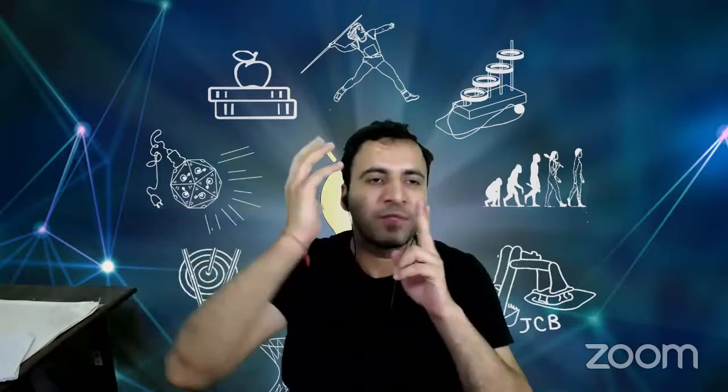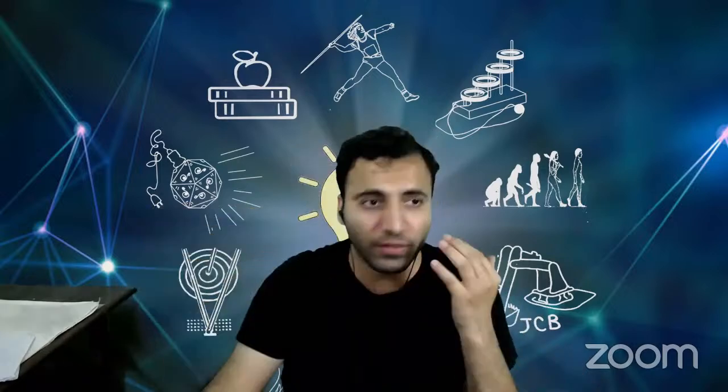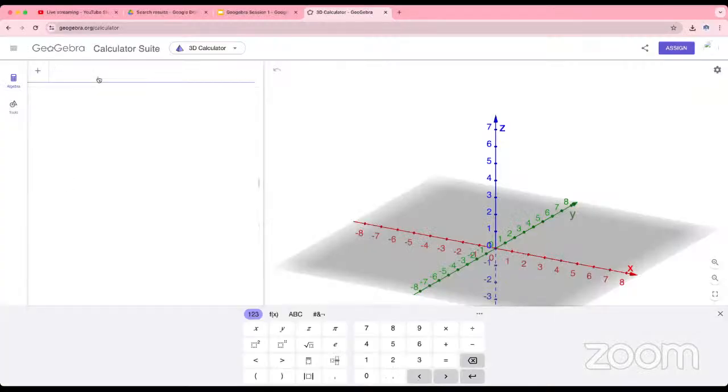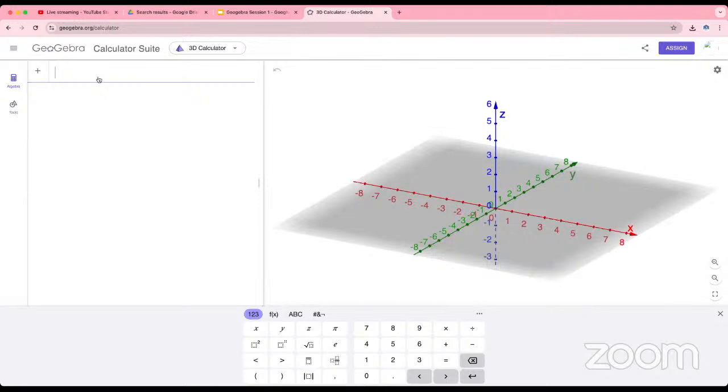How do you look at it in GeoGebra? Curve is for a one-parametric system. There is a command named Surface for a two-parametric system. So all surfaces are two-parametric, a two-dimensional thing for me. So for that the command is Surface.